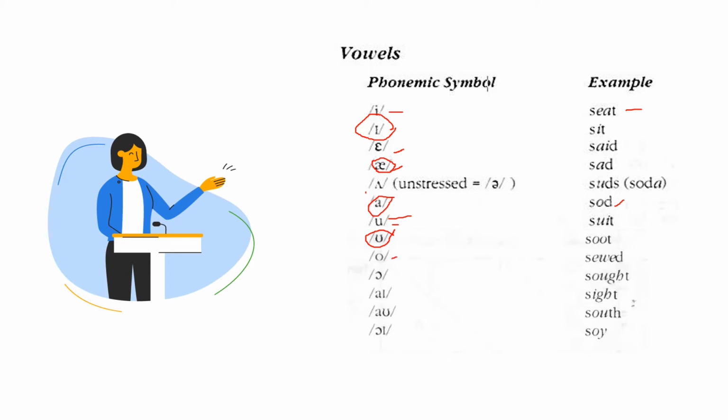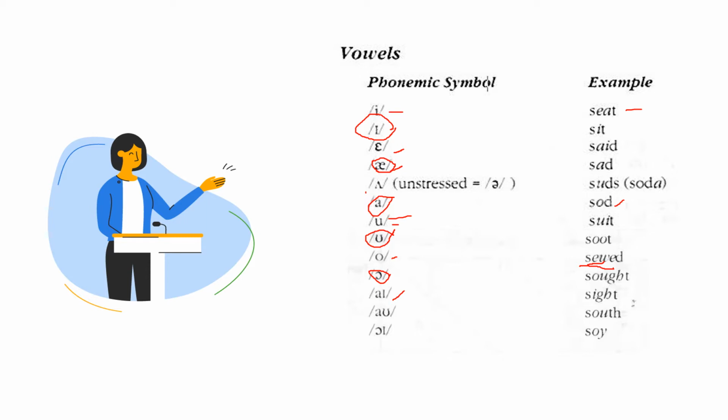Next is o, like sod, sewed. This one sounds like salt, bought.